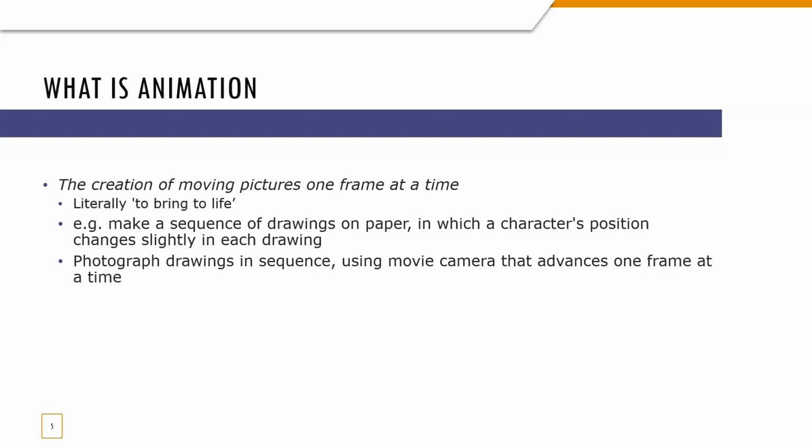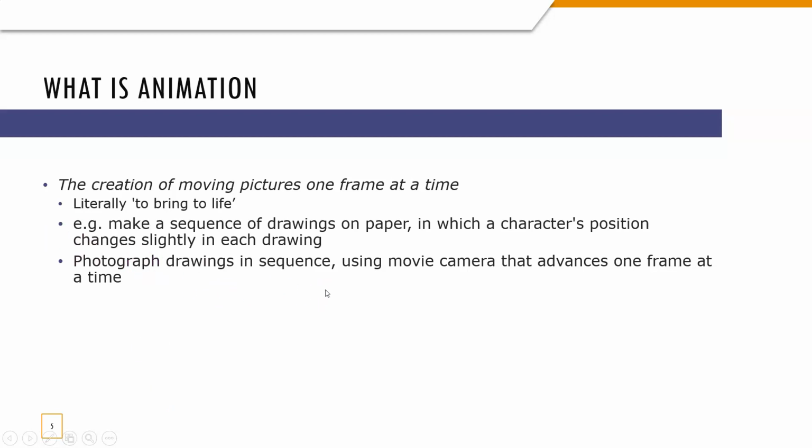Normally when we talk about animation, it is related to cartoons, where you draw or create characters. For example, you can imagine the movies Upin Ipin, Boboiboy, and so on. So these are photograph drawings in a sequence.